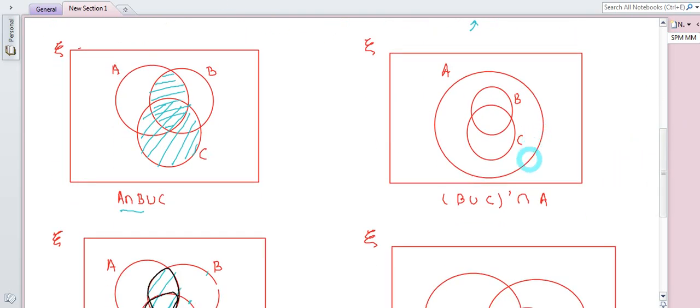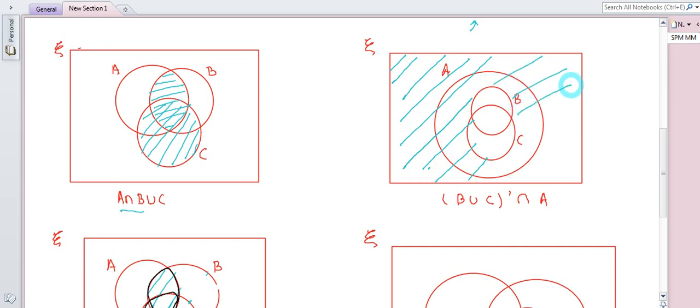Okay, how about this one? You see the diagram is different, but the way how we do it is the same thing. B union C. Okay, this is B union C. Complement, outside. So same thing, we shade it. Except the B and C, we cannot shade it.